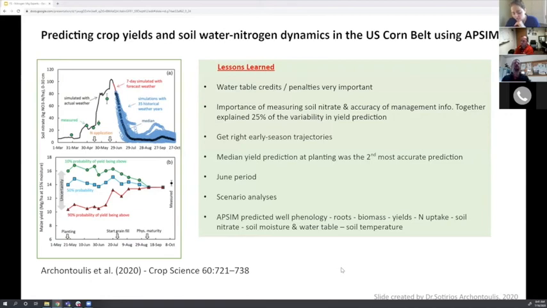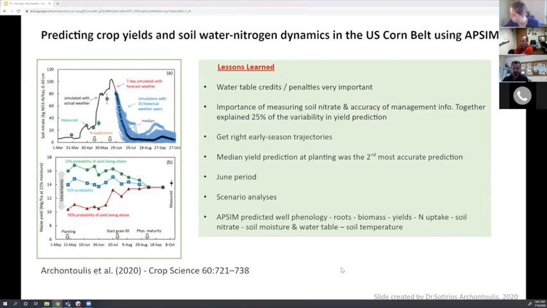The next lesson was about when farmers need the results from the models. We were disseminating the results every week, and we noticed that the web visits were 5 times more in June than the other months. The first reason is that June is probably the last month where farmers can take actions and improve their management.